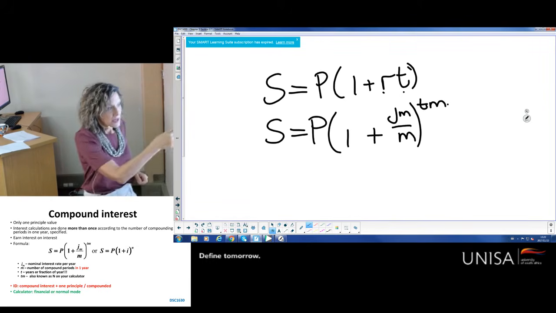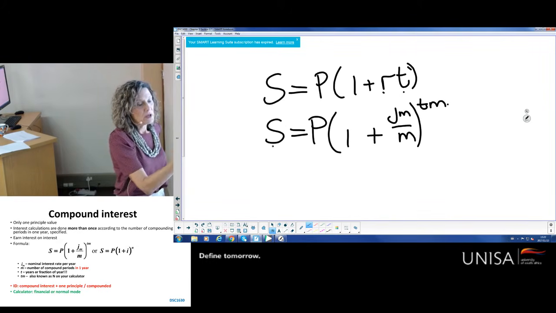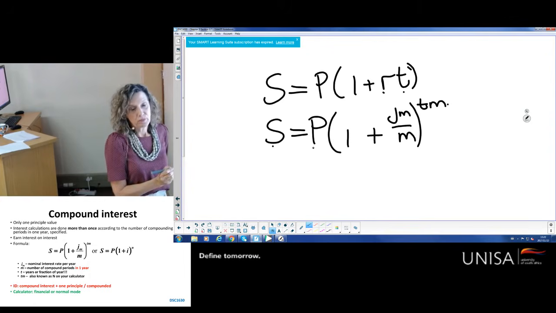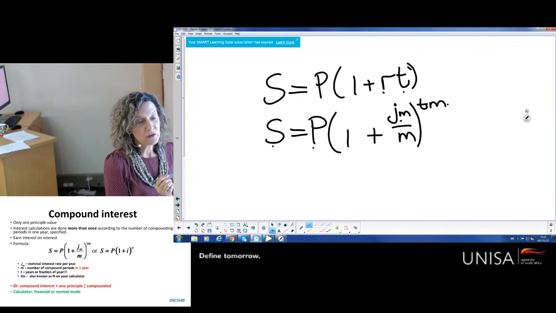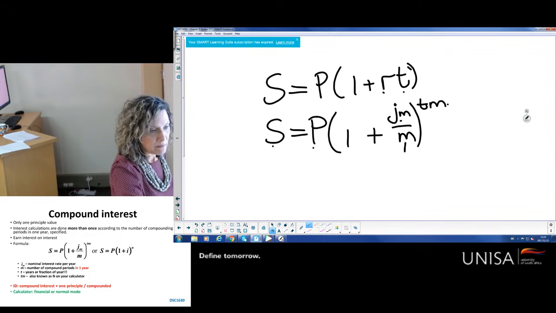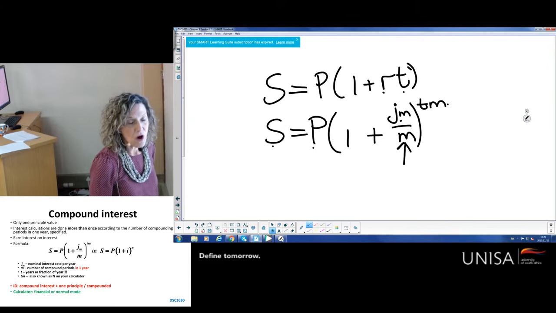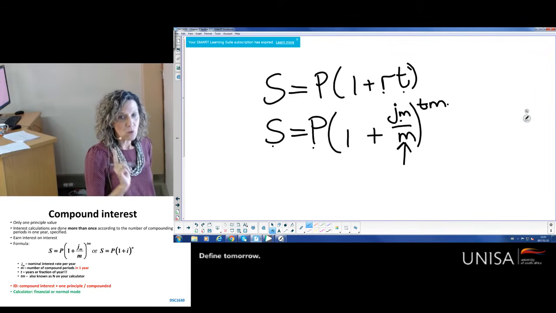S is your future value, P is your present value. Now j_m is your interest rate per year, also what we call the nominal interest rate, the rate per year. Then m is the number of compounding periods in 1 year.